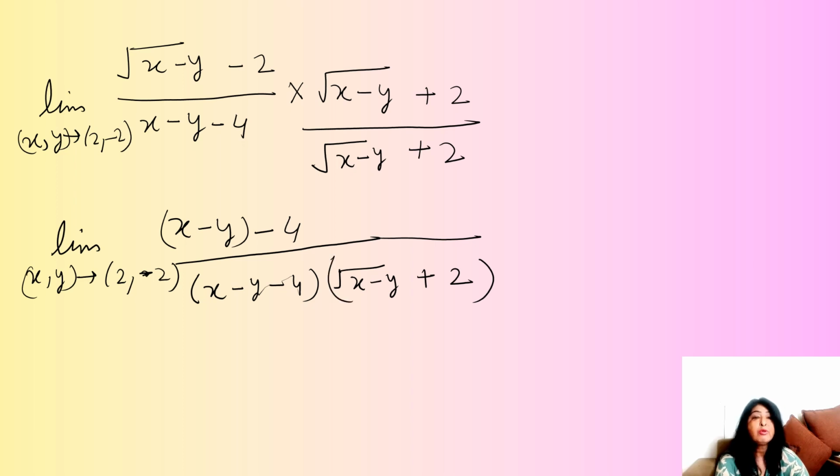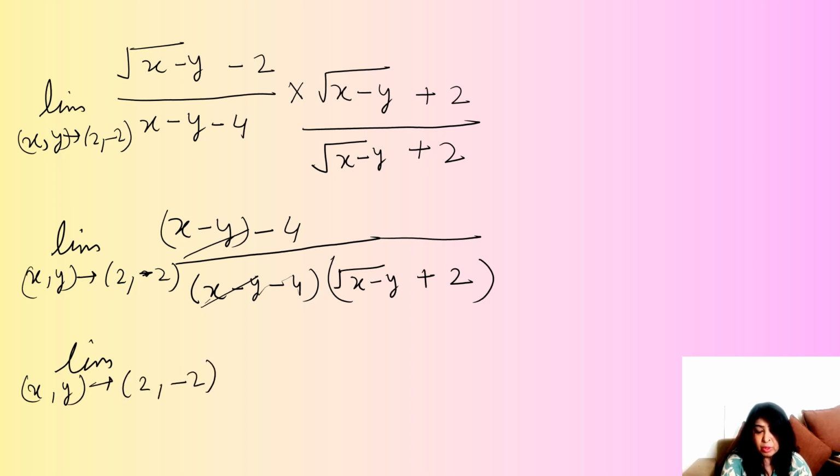Now the two terms in the numerator and denominator get cancelled out. So we are left with the limit as (x, y) approaches (2, -2) of 1 by (root of x minus y plus 2).